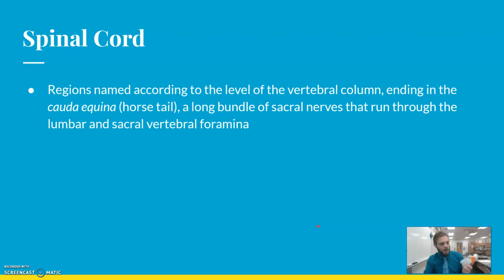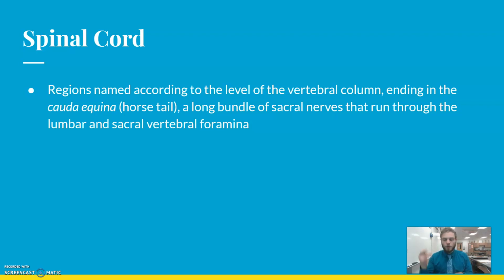Now for your spinal cord, I don't have a model of the spinal cord, so we're just going to have to go off the slides and pictures here. It has various regions that are named according to where in the vertebrae your spinal cord or the spinal nerves are exiting.